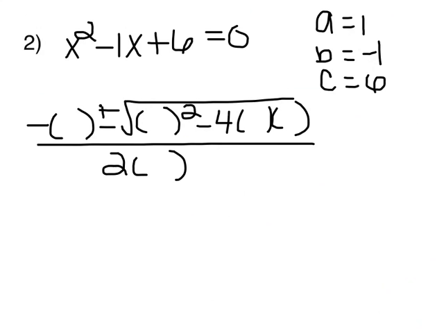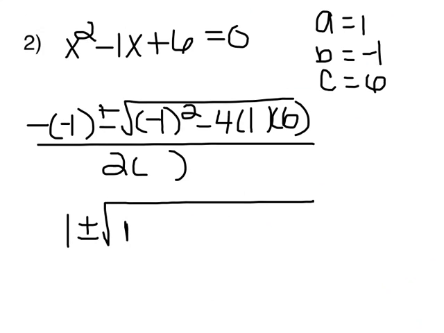So, a negative b, we're plugging in a negative 1 for b. A is 1, c is 6, and on the bottom we have 2 times a, which is 1. Now if we simplify this, a negative times a negative right here will give us a positive 1, plus or minus, let me rewrite that, we'll have 1 plus or minus the square root of.